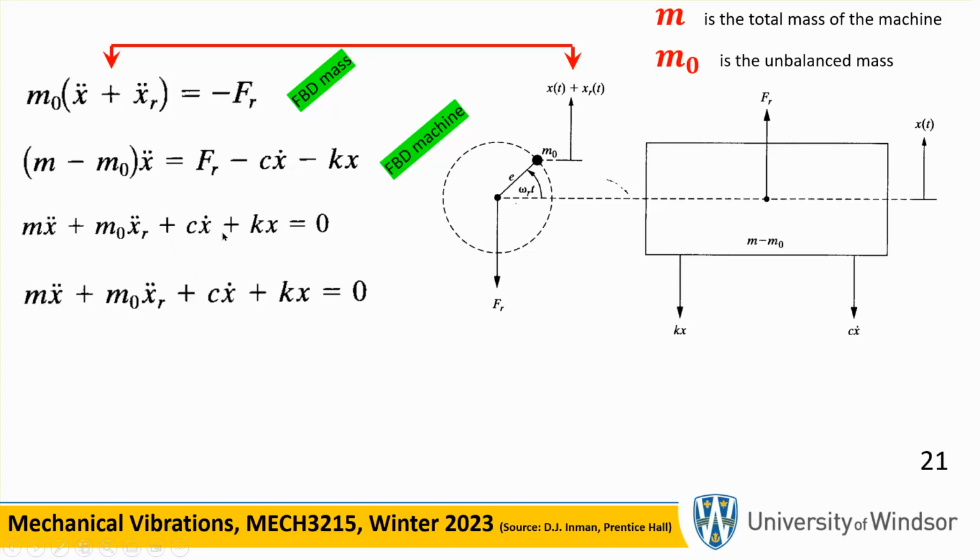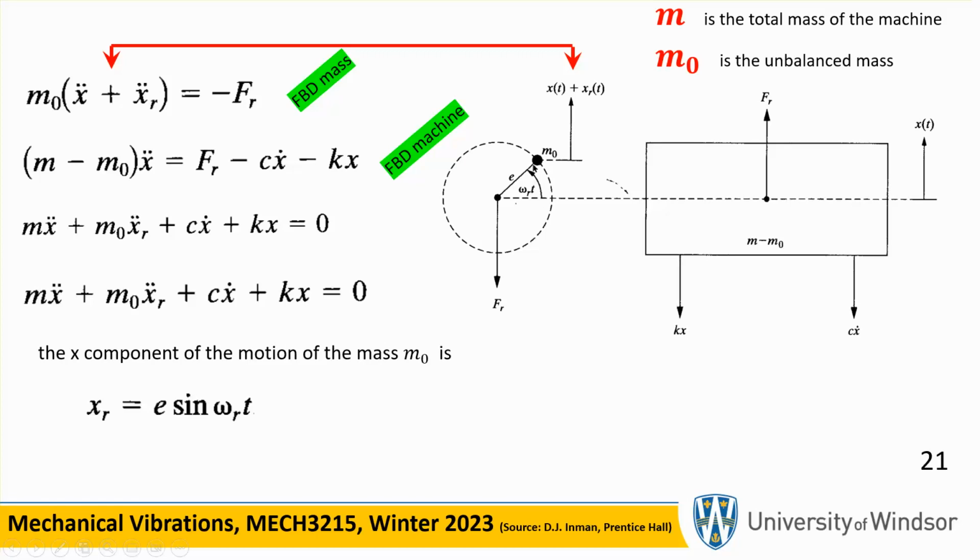This is just written again. These are the same equation, no particular reason, it's repeated. Now, this mass, which is turning, its vertical displacement is just E times sine. See that? This is XR right there in that right triangle, where there is E and there is XR.